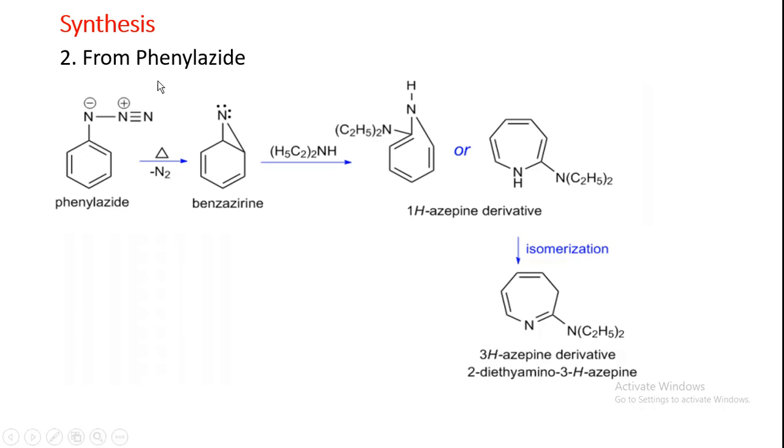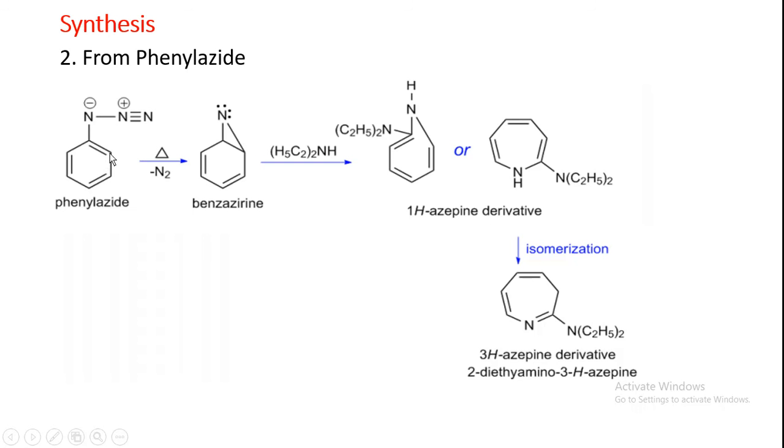Next, from phenyl azide. So you see this is phenyl, then azide N3, with heat N2 will come out, so this nitrogen will form a bond with this carbon, this bond will break down, and one part will come here.